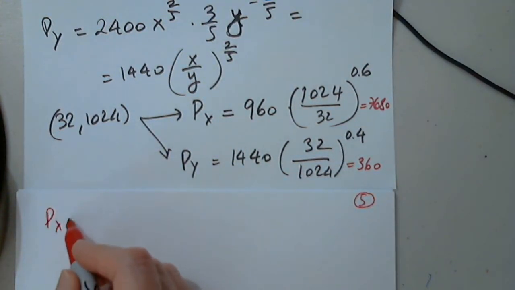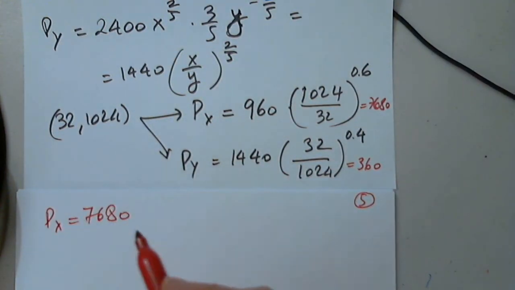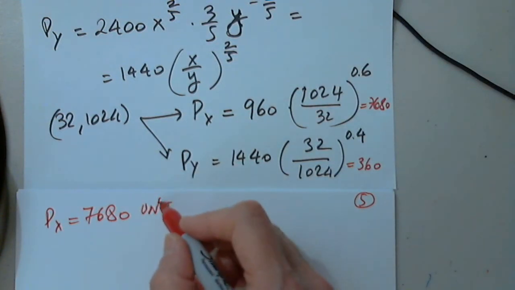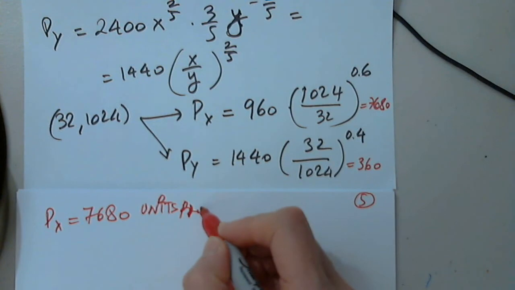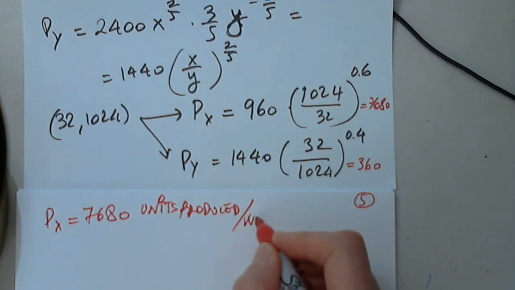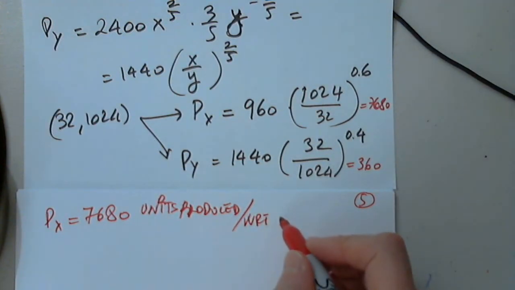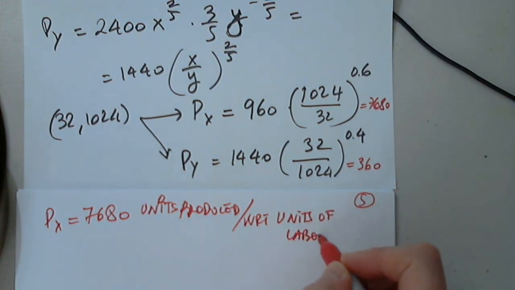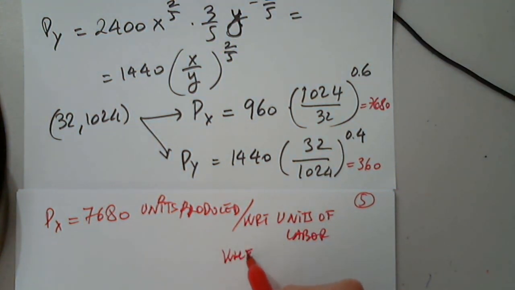So Px equals 7680 units produced per units of labor with respect to units of labor when units of capital are fixed.